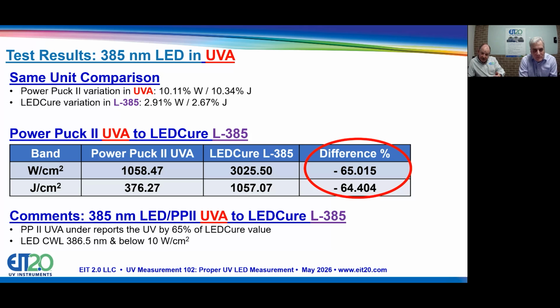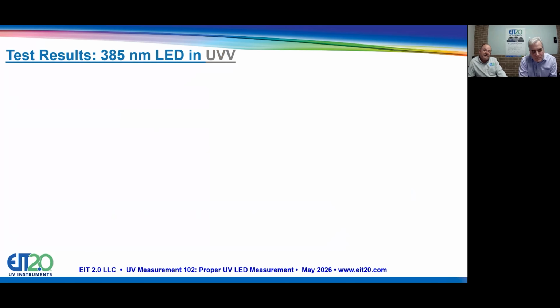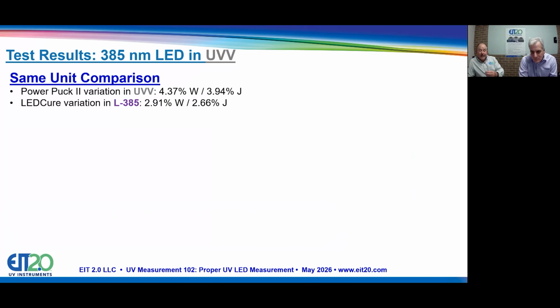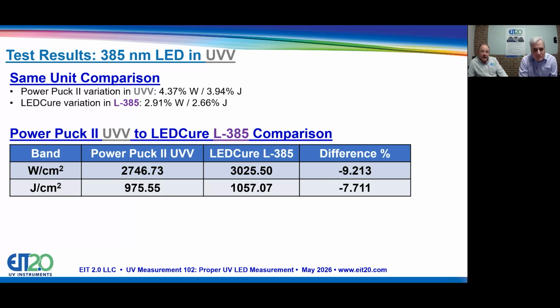Again, I'm going to say the same cautionary tales here. The 385 LED was centered very close to 385, and we kept it below the 10 watts. When we look at the V as in Victor, again we're about 3% on the proper instrument. You're getting a little bit more variation in the power puck.